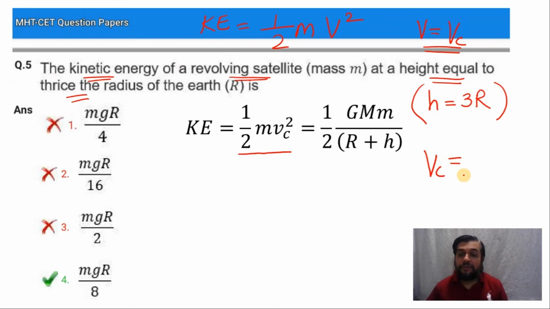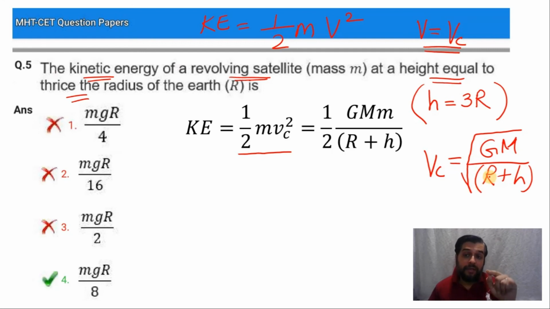So what is the standard formula for critical velocity of a satellite at a height? It is given as root of capital G M upon r plus h, where r plus h is the radius of the orbit in which the satellite is revolving, taken from the center of the earth, right? That is r plus h. Now in this case, it's vc square. So if I just do squaring on both sides, I'll get vc square is equal to GM upon r plus h, the root will cancel, right?